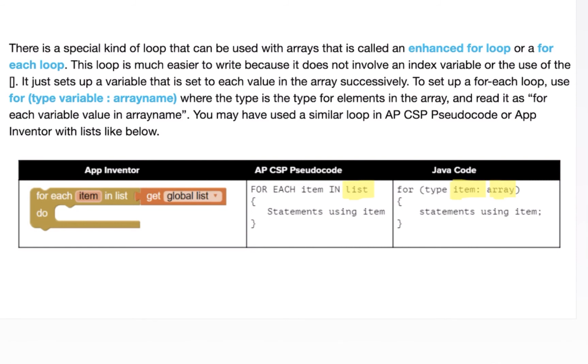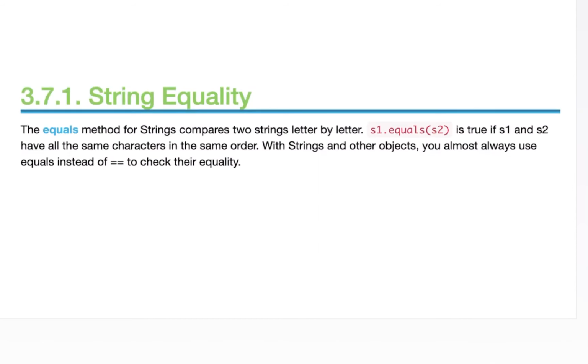It's called downloadList. And then we need to check to see if that song is in the list. And to check to see if it's in the list, I'm going to recommend using the .equals method. And I would say to certainly have enhanced for loops and .equals as notes readily available if you're not super familiar with them as we prepare for the FRQ on the actual exam. I think it's going to be really, really helpful.